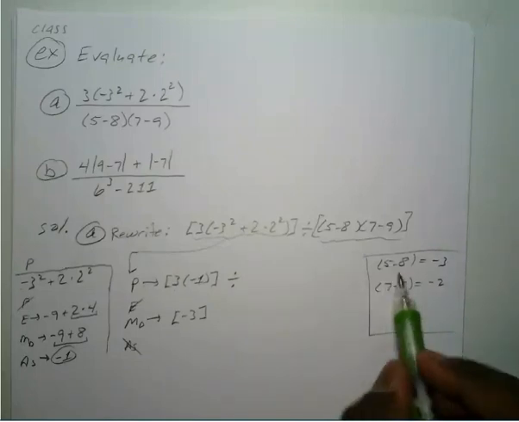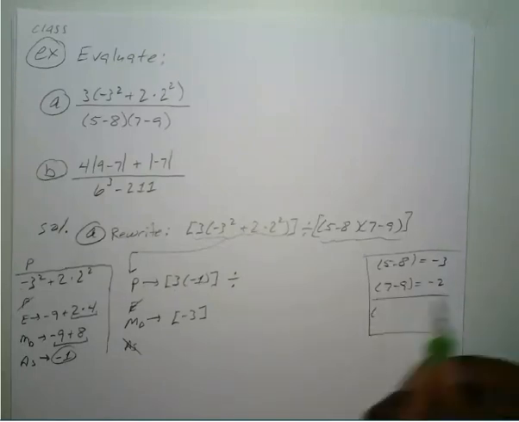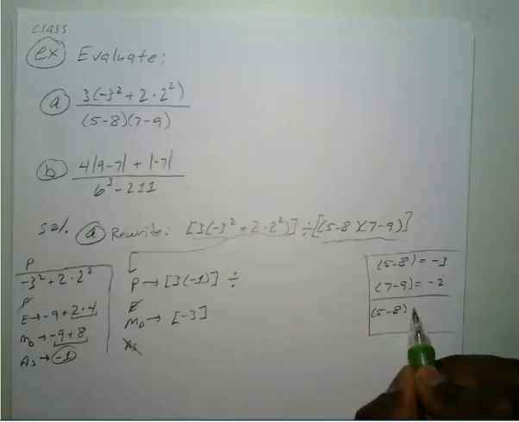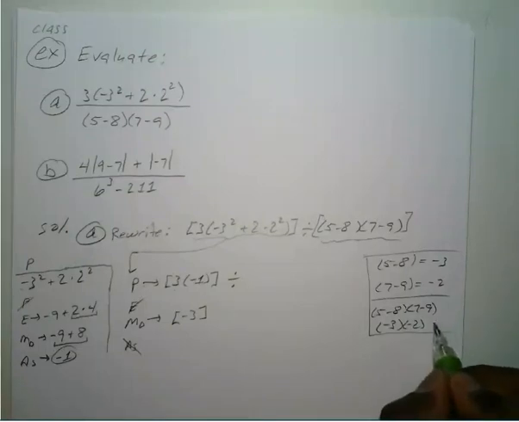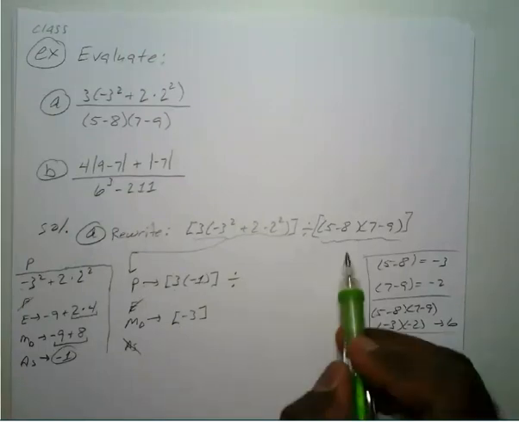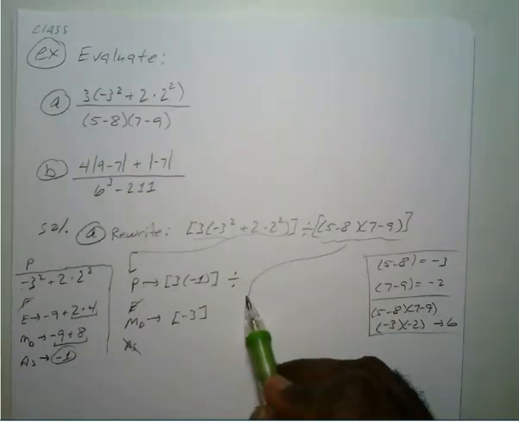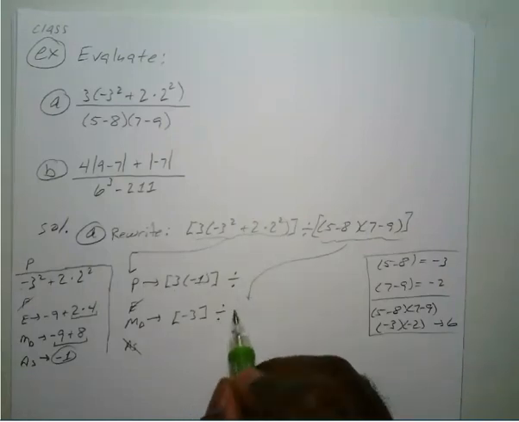Okay. So if we have 5 minus 8 times 7 minus 9, that's just negative 3 times negative 2, which is positive 6. So this becomes divided by positive 6.